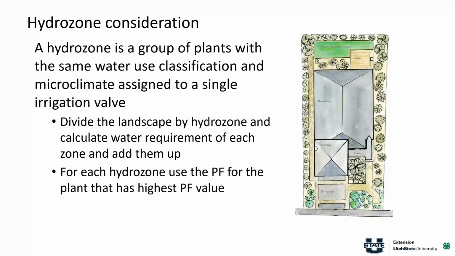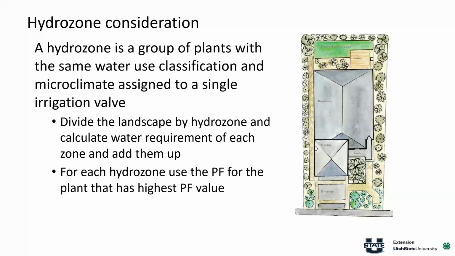If you have a plant that has high water use and low water use in the same hydrozone, and you turn on the valve and irrigate enough water for the high water use plant, you would be over irrigating the low water use plant. Or if you apply for low water use plant, you would be under irrigating the high water use plant.